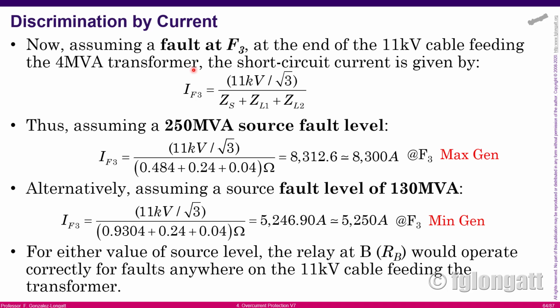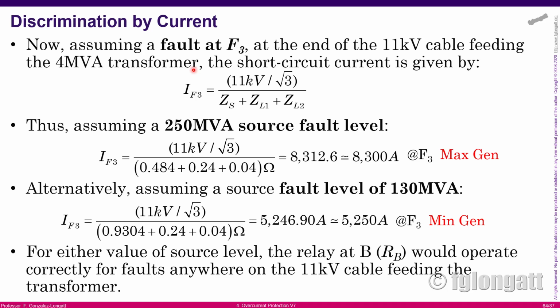But if we are using the low generation scenario, or the low fault levels of the power plant, 130 MVA, the current will be 5.2 kiloamps. Okay, there is a big gap between the high short circuit level and the low short circuit levels.